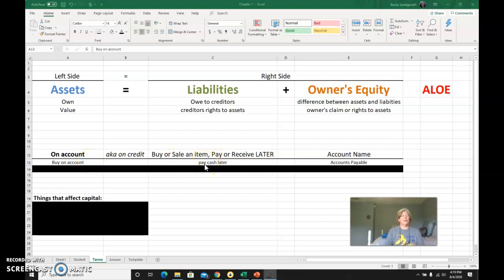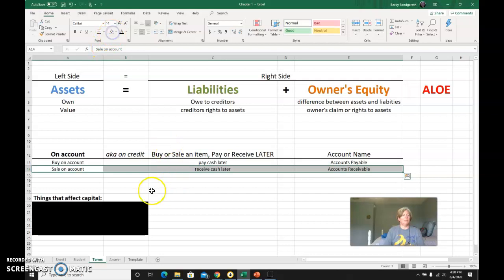What does buy on account mean? It means I bought an item and I'm going to pay cash later. When I buy, I have to pay. And that seems obvious, but you're going to need to keep track of that in your mind. And when that happens, the account name is going to be accounts payable with the name of the vendor or the creditor. Okay? And then the other thing that can happen is that I sell on account.